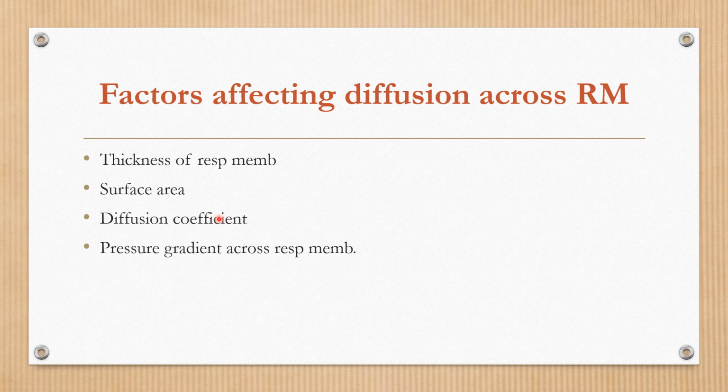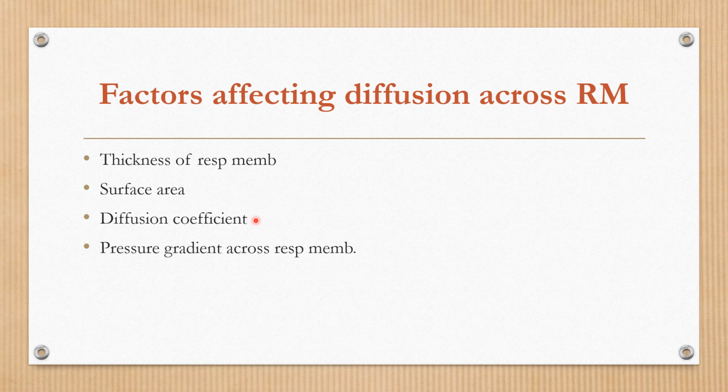And the next one is diffusion coefficient. So what it infers is that if the diffusion coefficient is more, there is more capacity to diffuse for the gas. So the rate of diffusion is directly proportional to the diffusion coefficient of the gas. For CO2 it is 20 times more than oxygen, and CO2 diffuses much more easily through the respiratory membrane. The diffusion coefficient is a function of molecular weight, solubility in a particular solvent, and absolute temperature.